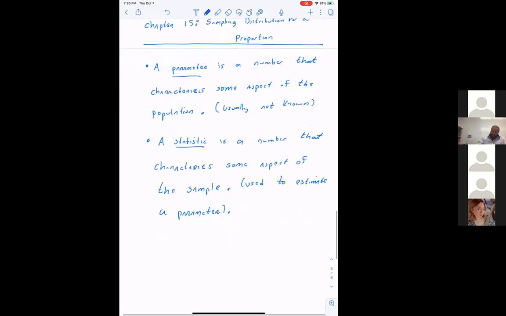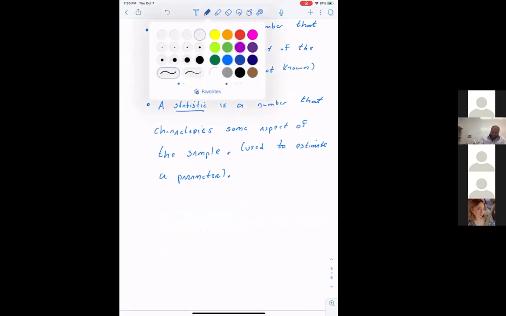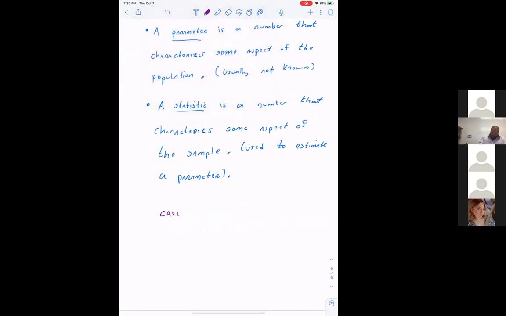Now, in this class, there's essentially two scenarios that we're going to focus 99% of our attention on. Two cases. Case one, the parameter is equal to P, the true proportion. What percent of Americans will smoke? P, 18%, 13%, 26%, whatever number it is. That is the parameter. It's the true proportion from the entire population.